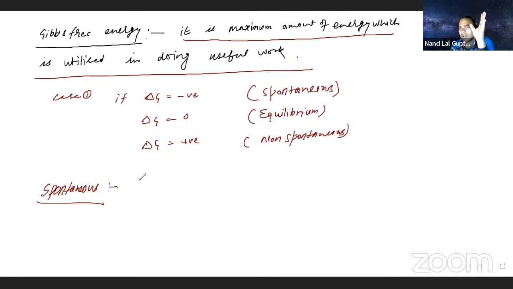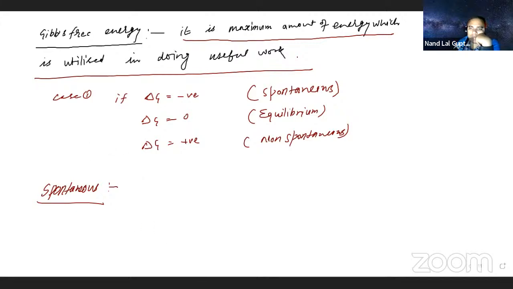You need not do any work. Falling of water from the hill, you need not do anything, it will happen by itself only. So this is a spontaneous process. Non-spontaneous process means doing work is required.